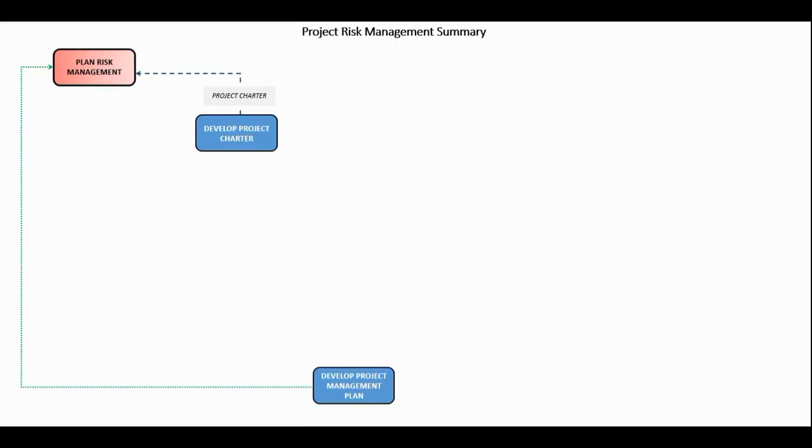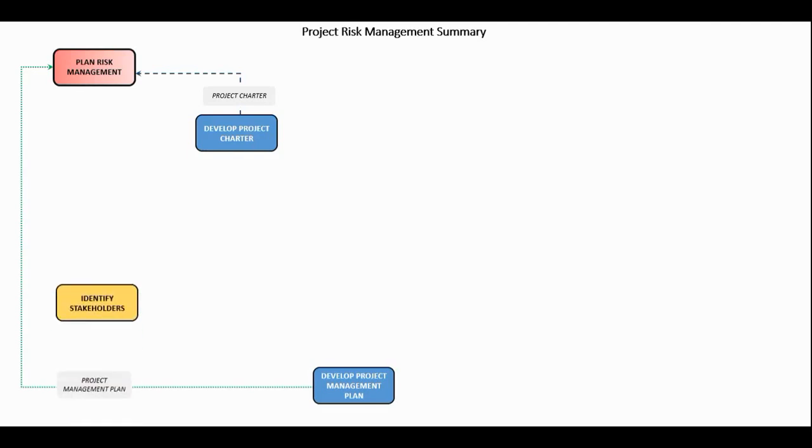Again, this is a recurring theme across time, cost, scope, and risk. And you see that the project management plan feeds plan risk management. Whatever exists of the project management plan at this point will feed plan risk management as relevant.